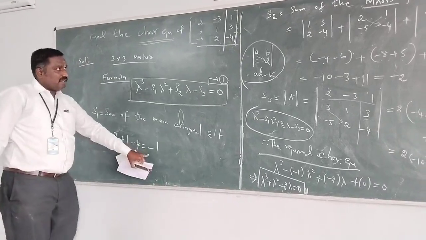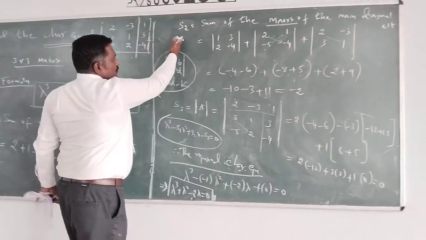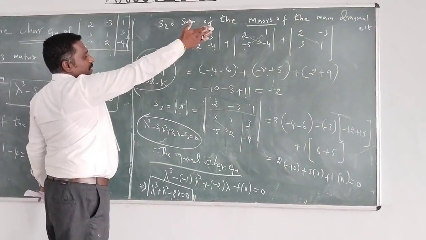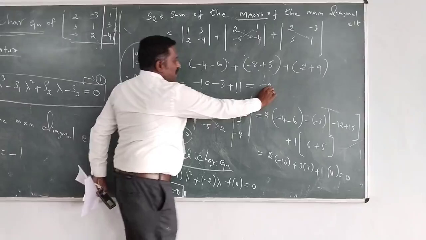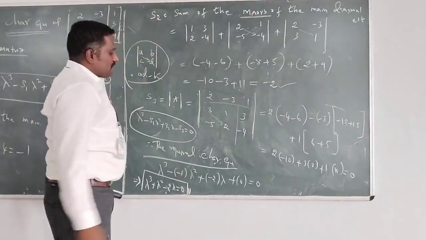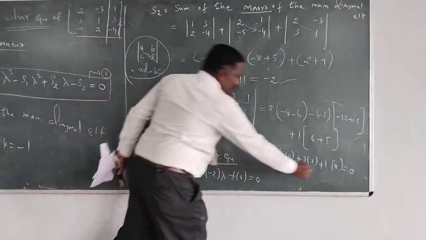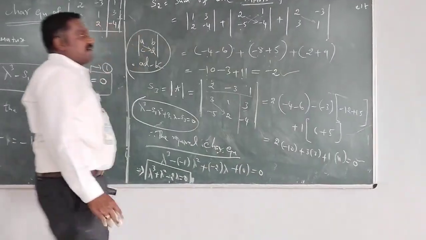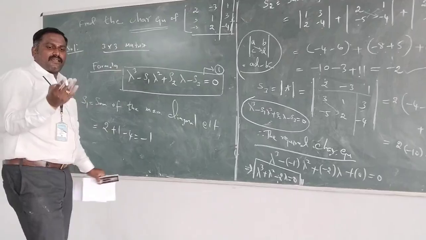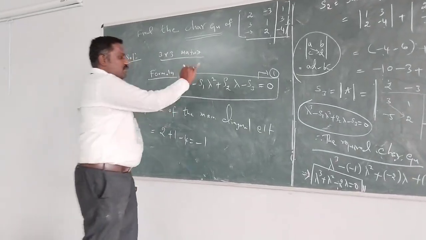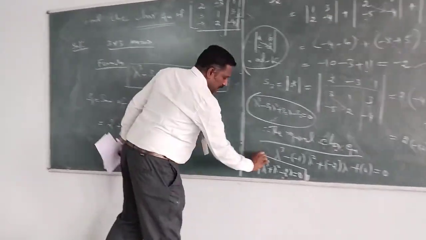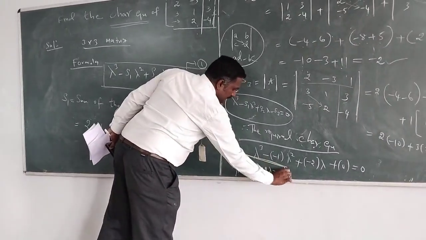Next, S2, the sum of the minors of the main diagonal elements, is minus 2. S3 is the determinant of A, which is 0. Substituting the three values S1, S2, S3 in equation number 1, you get the final characteristic equation.